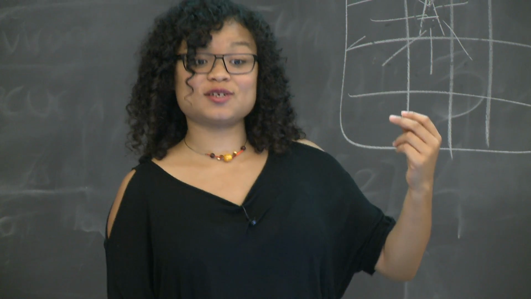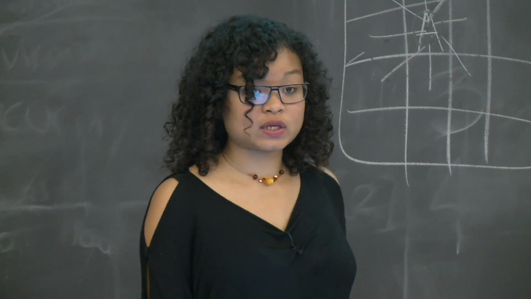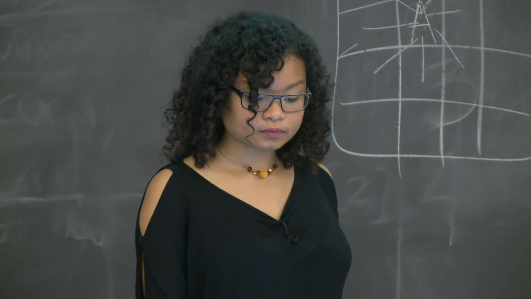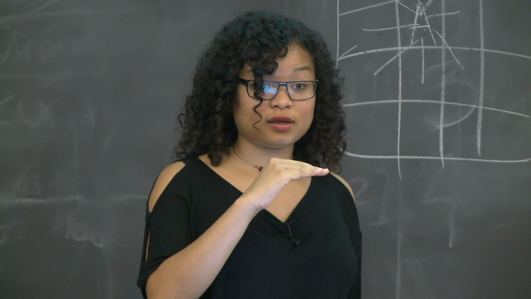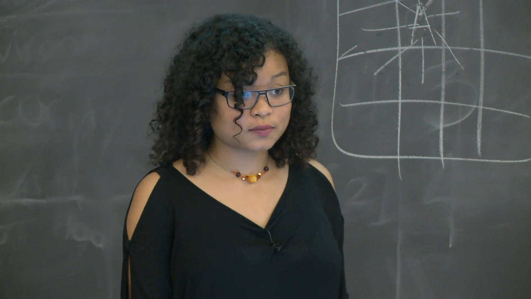Thinking back to the main function again, returns true says that that word can be scored. And then finally, you have the scramble function, which is another void function because it's doing something but not returning anything. What the scramble function will do is rotate the grid 90 degrees clockwise.